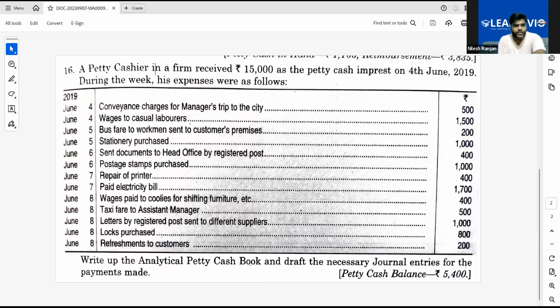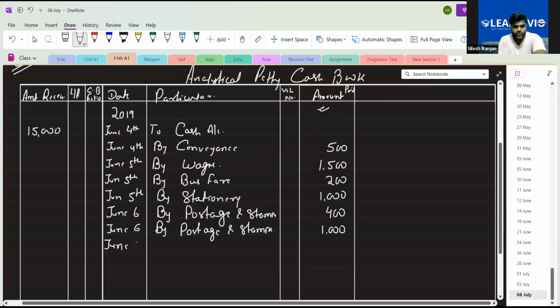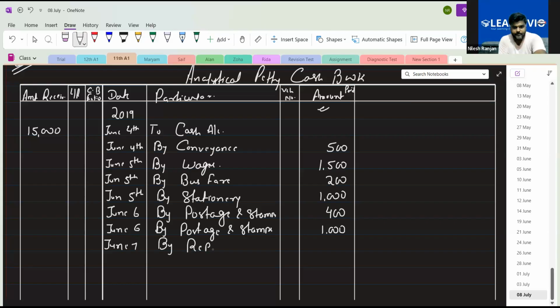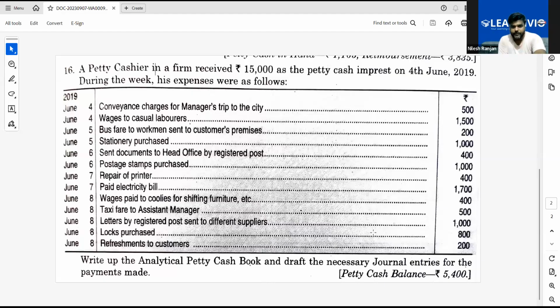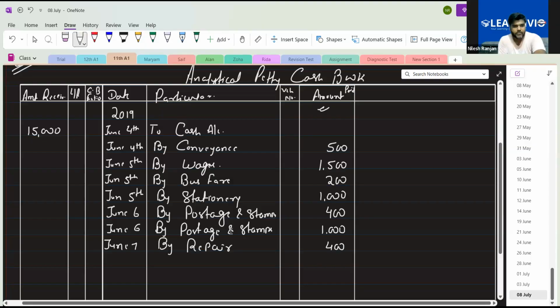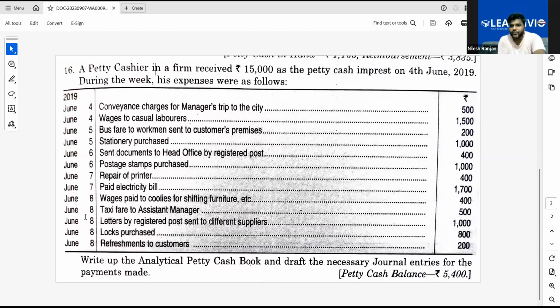Again, repair of printer, June 7. June 7 by repair. It will be 400. June 7 electricity bill.